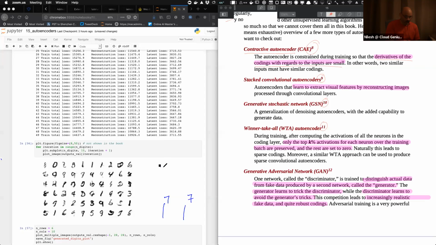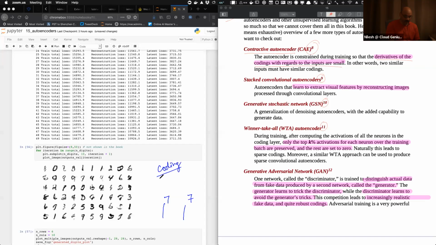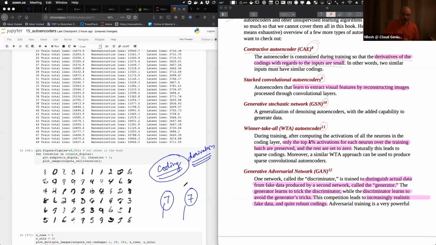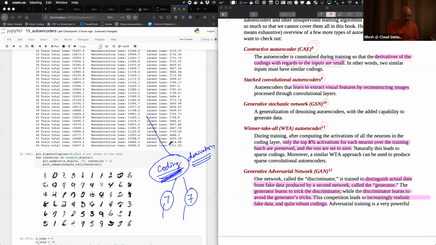The derivative of your coding, the intermediate encoded layers, with respect to the inputs is small. That's the underlying math. Effectively, it means you're feeding the same number, so you should have similar coding values, because that's what it translates to, the number 7 as an output, no matter what you feed in here.